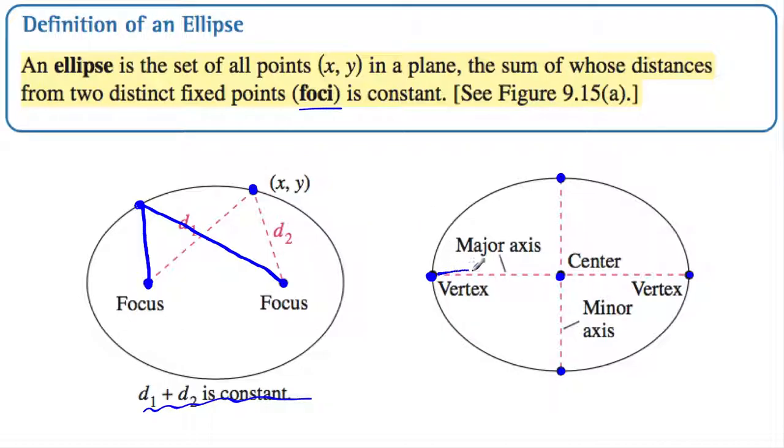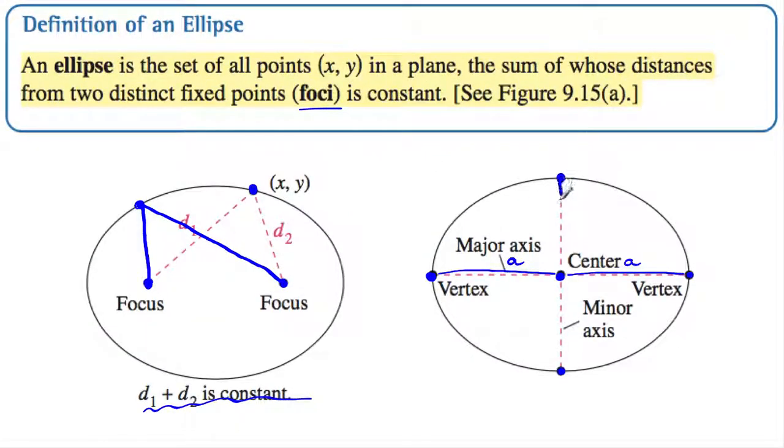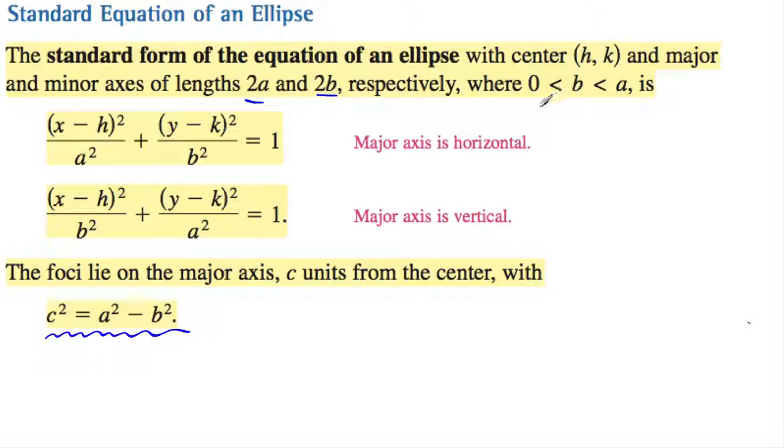This distance here is going to be a, and this distance here is going to be a. So when we add them together, we get the total length of the major axis, which is 2a. Now the minor axis is going to be a distance of b and a distance of b, so we add those together to get 2b. And so, of course, a is going to be the larger value.